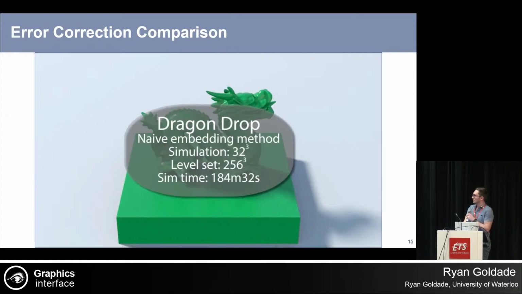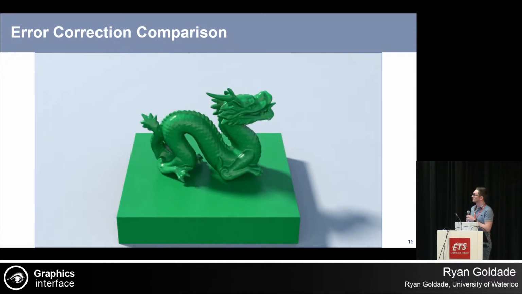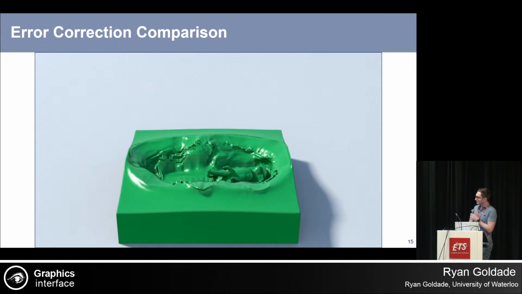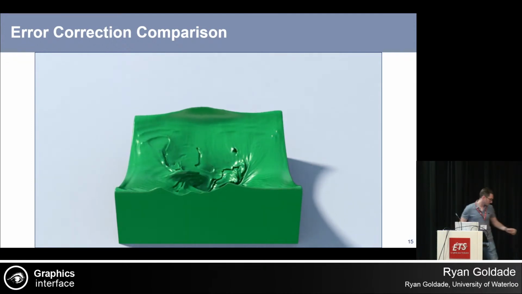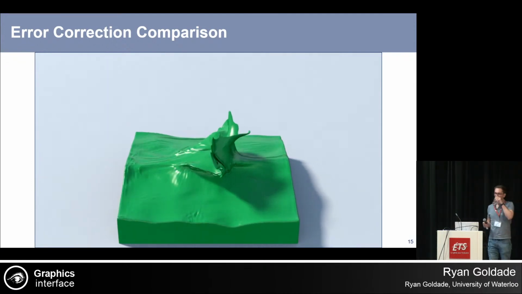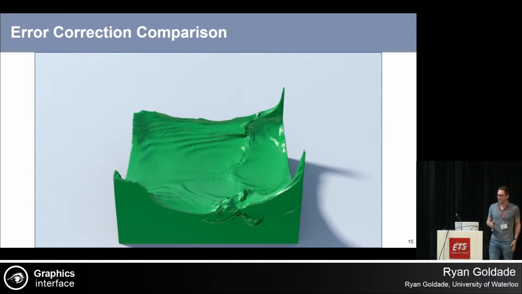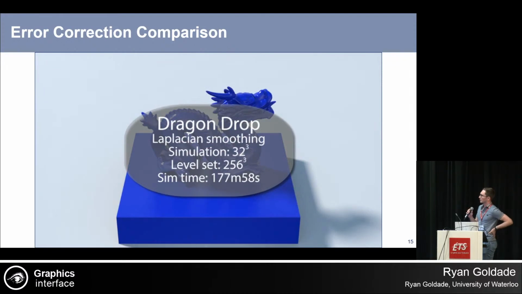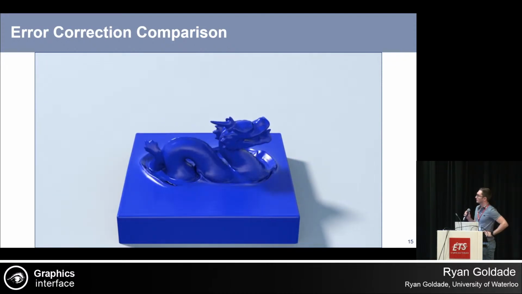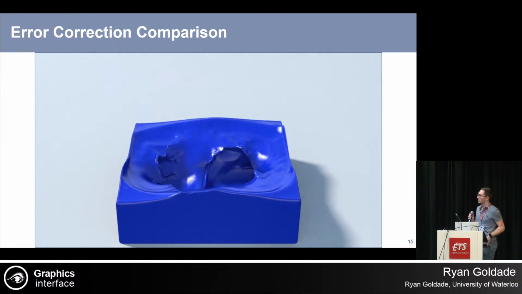And so here's an example. The green here is just an embedded surface without any error correction at all. And the blue example is if you use Laplacian smoothing everywhere, where you just lose the features of the dragon immediately.